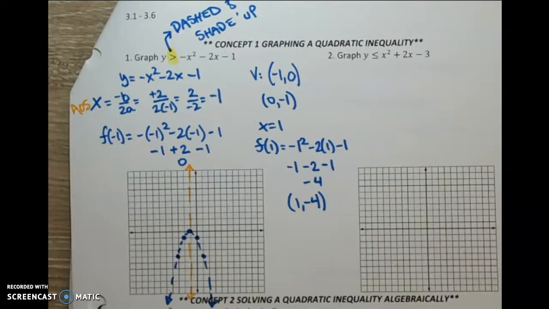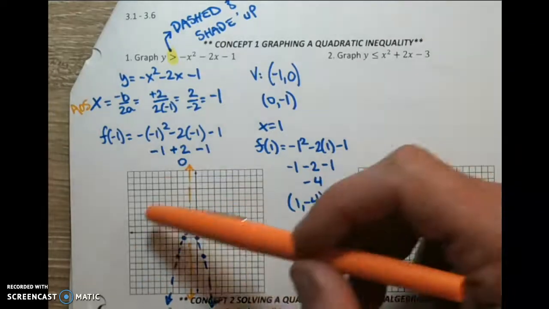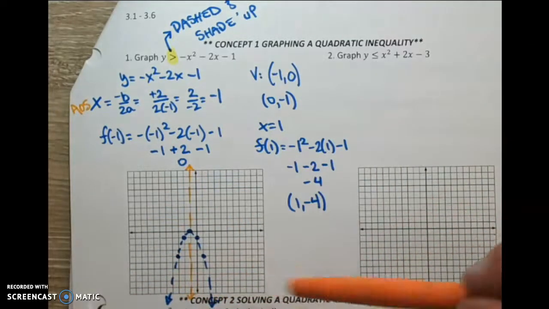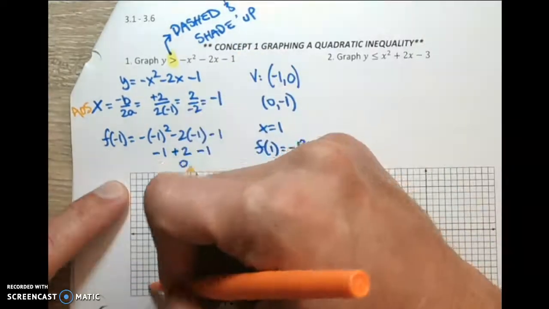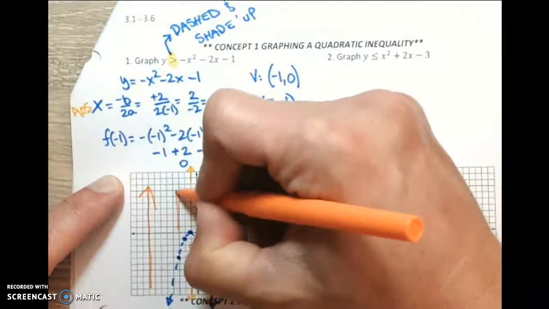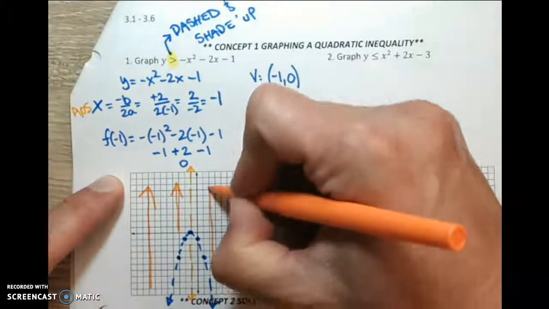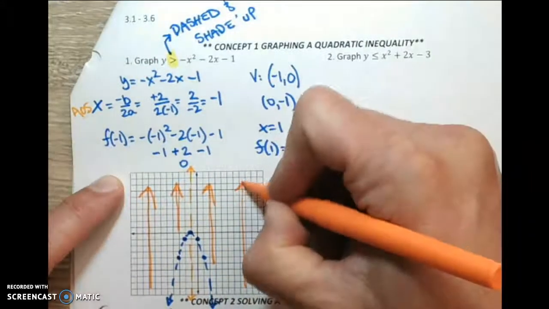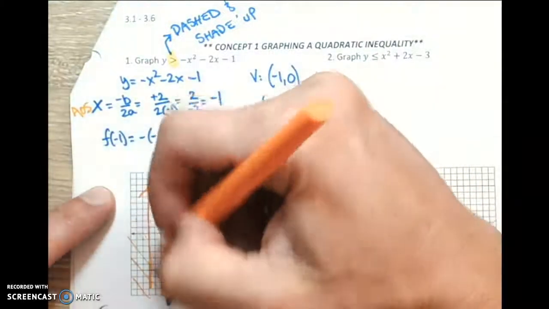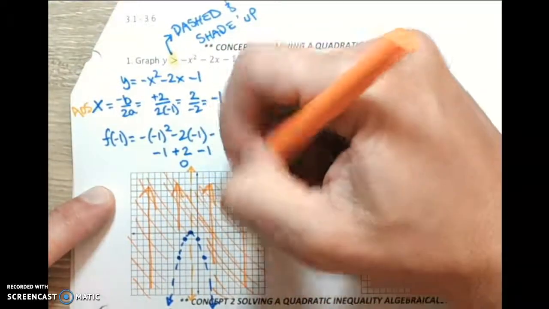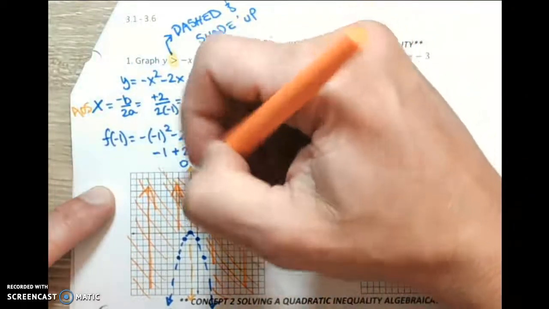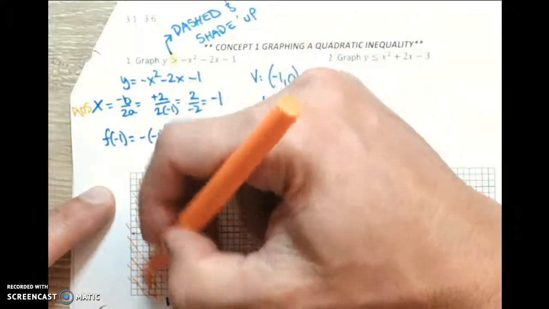Do I shade above the parabola or below it? Well, again, greater than means I'm going to shade up towards the top. So I just like to make arrows going up. Shade up works.